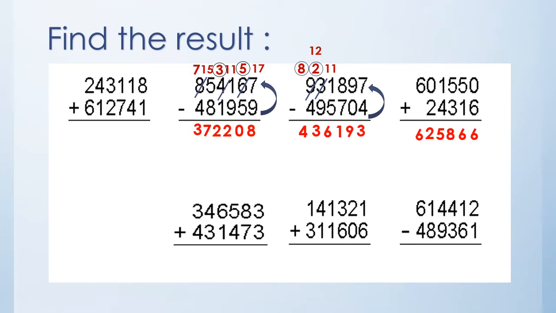We start with ones. 8 plus 1 equals 9. 1 plus 4, after 4, 5. 7. 1 plus 7, after 7, 8. 3 plus 2, after 3, 4, 5. 4 plus 1, after 4, 5. 2 plus 6, after 6, 7, 8. The answer is 855,859.